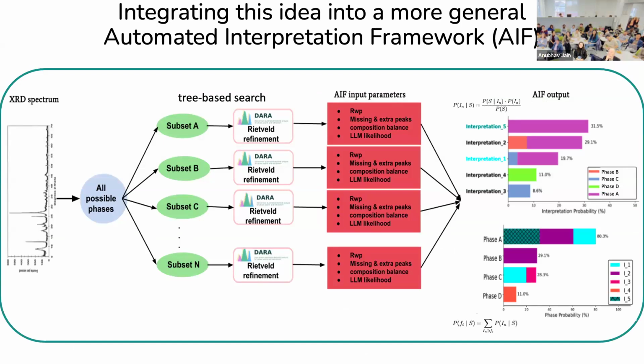It will try to predict a probabilistic outcome: interpretation 1 seems the most likely, interpretation 2 seems the least likely, and each of these interpretations is a mixture of phases that could be there. And then also for each of the phases, how likely is each of those phases to exist?